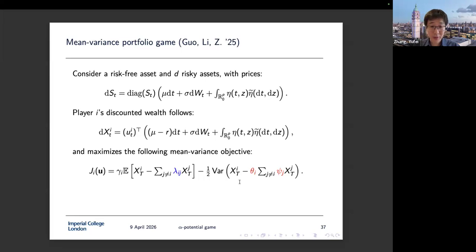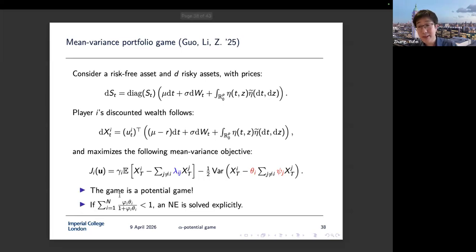We show that for general parameters, this game is actually a potential game. In this case, you are able to write down a corresponding potential function, which is a linear quadratic McKean-Vlasov control problem, because here this involves nonlinear dependence in the law.